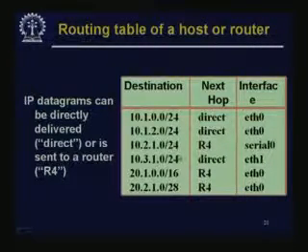If you look at this example, for example, this 10.1.0.0/24, that means anything can be there in the last part. For all these you just deliver it directly. Similarly, 10.1.2 is also connected directly. That means they are all in the same network.